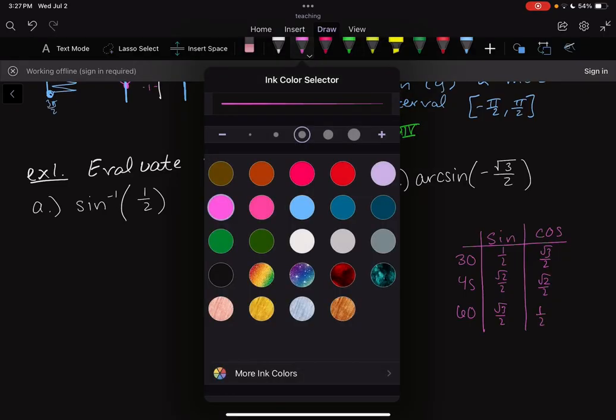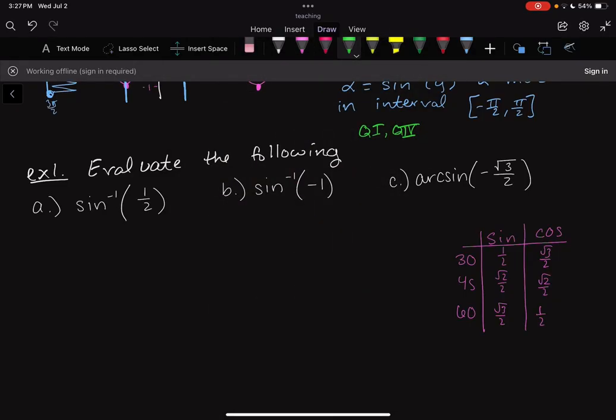So right now we're looking for the angle. We're saying, okay, we're looking at sine 1/2. So what angle makes that happen? In this case, it would be 30 degrees. So this equals 30 degrees. If you want to put it in radians, that would be pi/6.